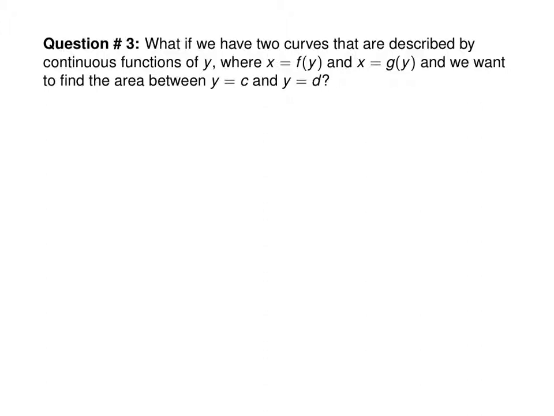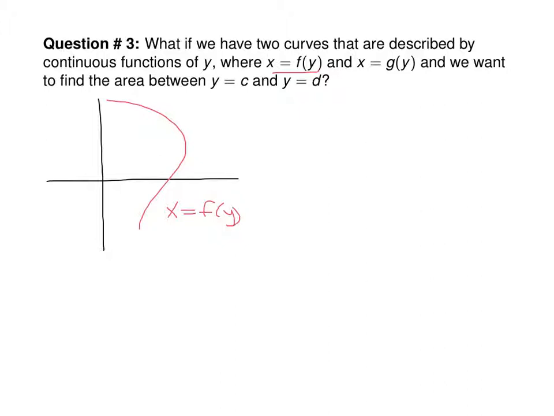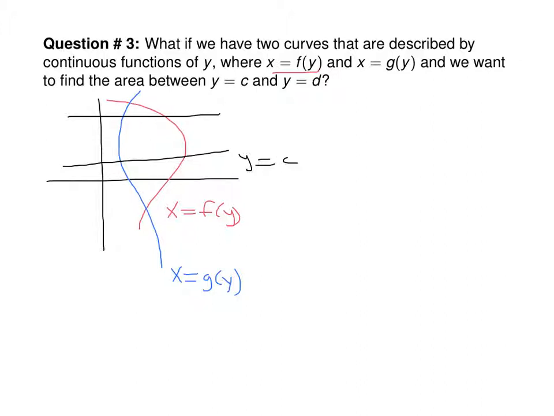So what this is going to look like is this: x equals f of y, and then x equals g of y. I'd like to find the area between the curves from y equals c to y equals d.